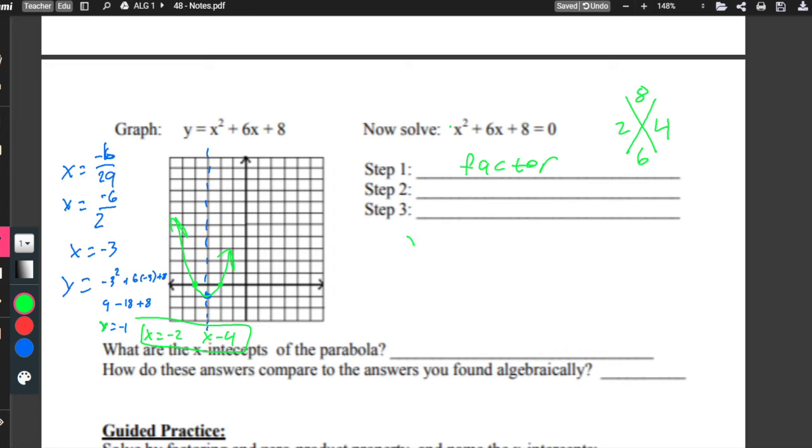So then we're going to write them. So we'll have x plus 2 and x plus 4. So our first step is to factor, then we need to set them equal to 0. And then solve each factor.